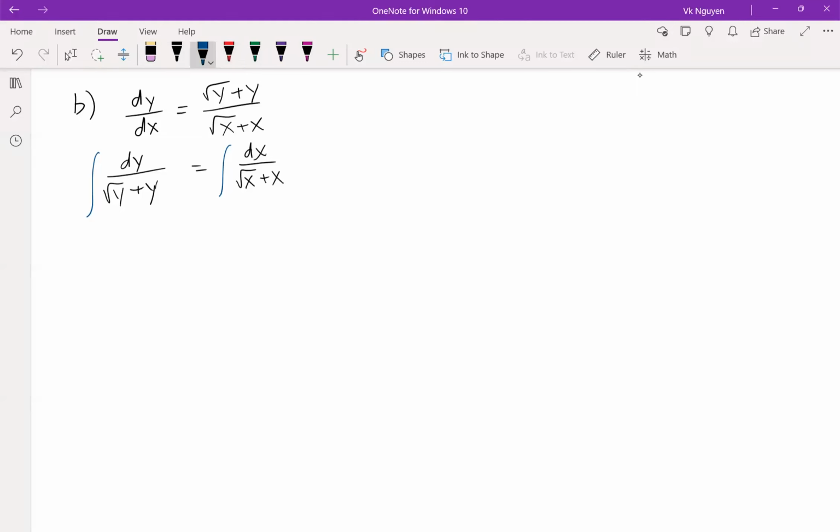So let's take a look at the integration of the left side here. Here we can let u be root y.